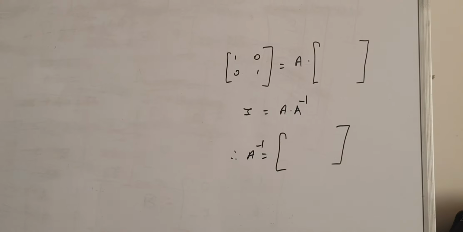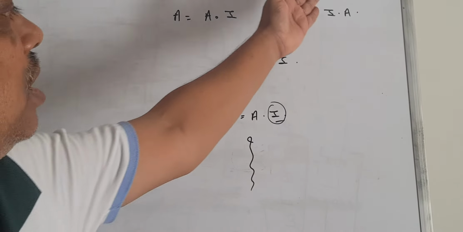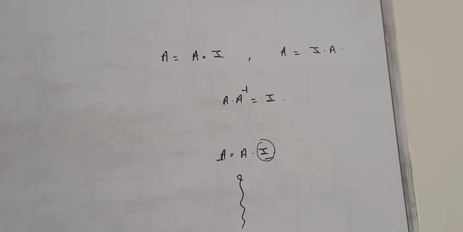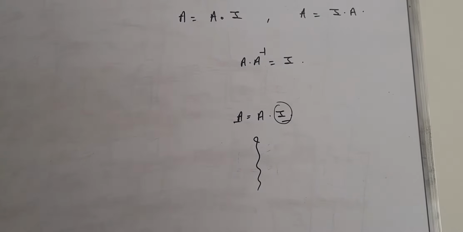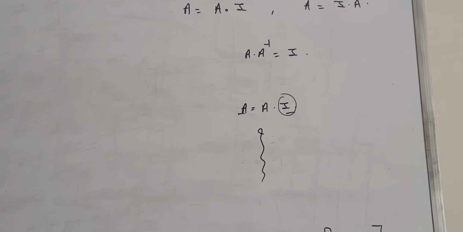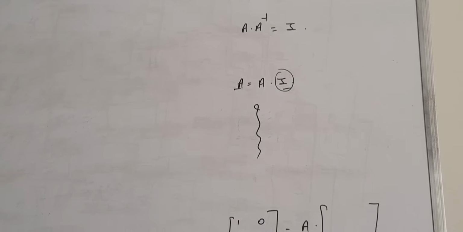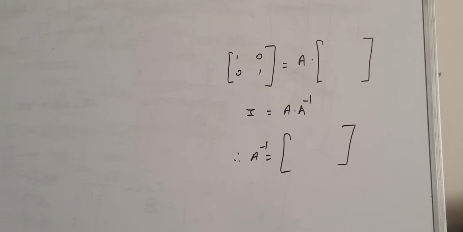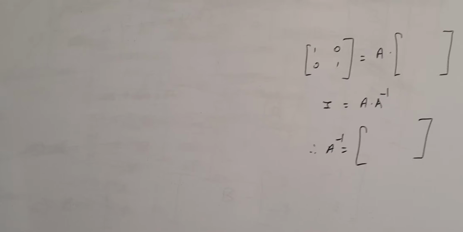Is the process clear? A is equal to A into I. Either you take this or this. Now we have to apply the elementary operations and we have to find the inverse of the matrix. Now in exercise number 3.4, the same thing is given here.